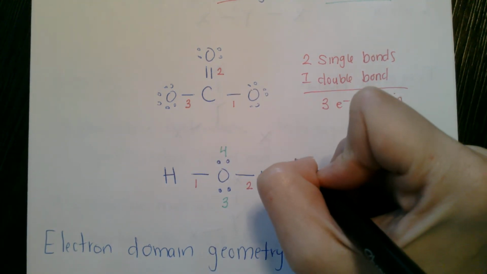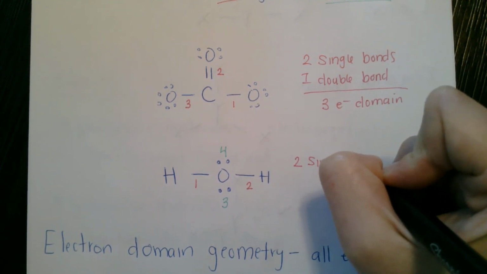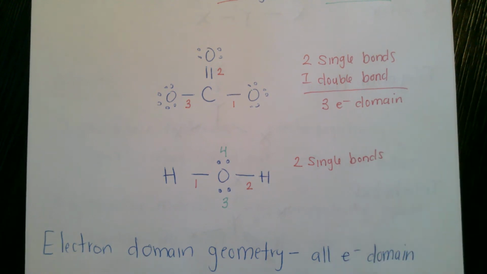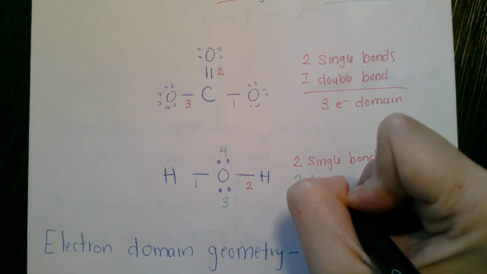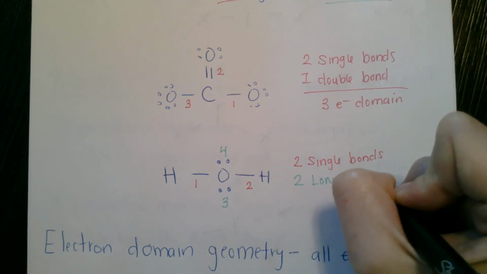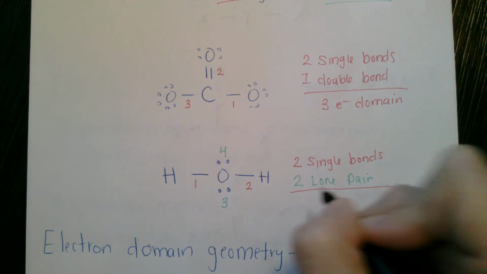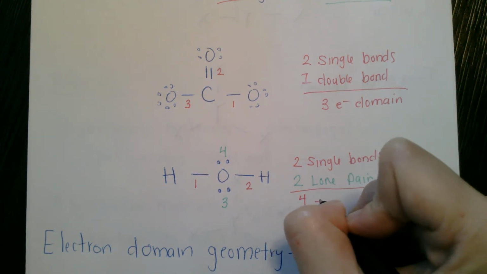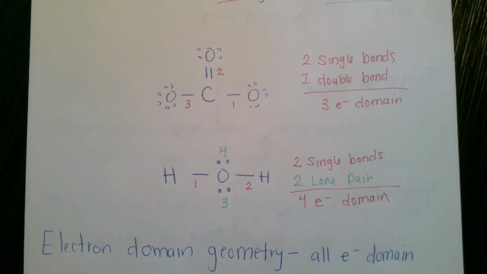If we tally up what we have, 2 single bonds and 2 lone pairs of electrons. If we tally this together, we have 4 total electron domains on that oxygen atom in our water molecule.